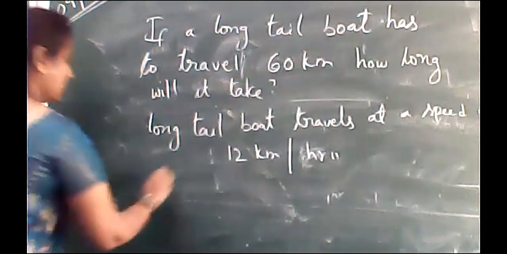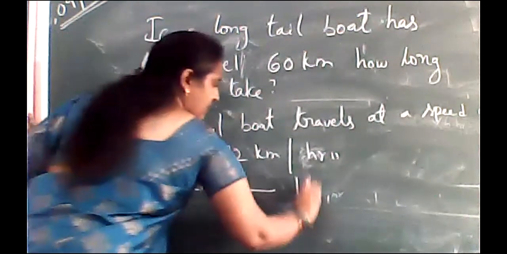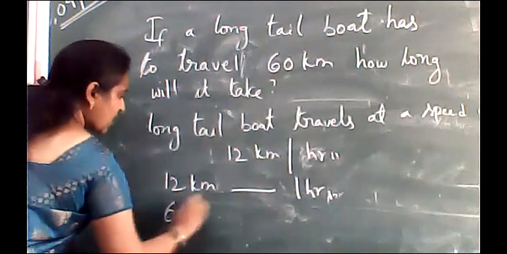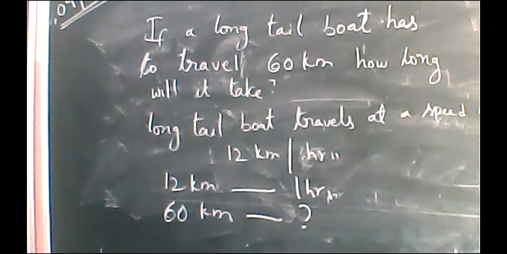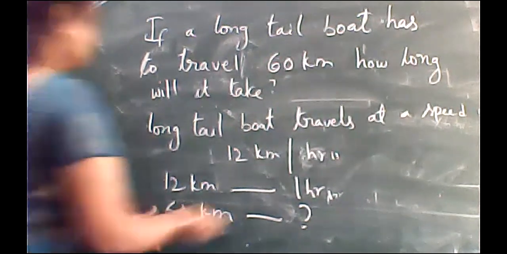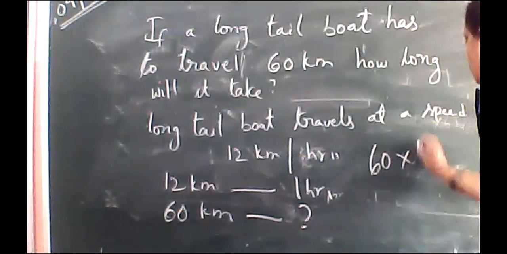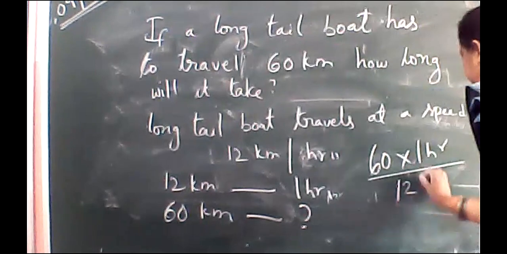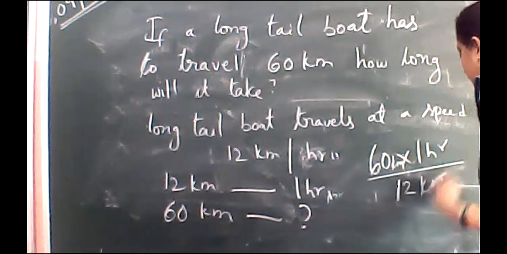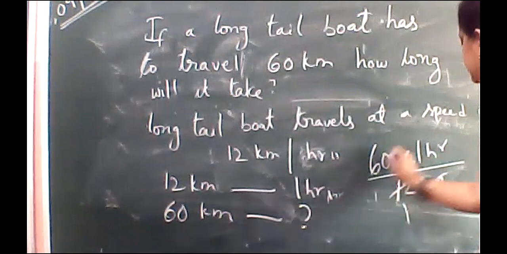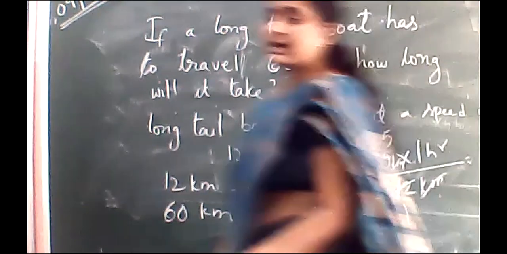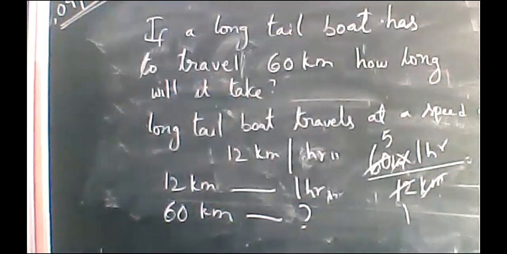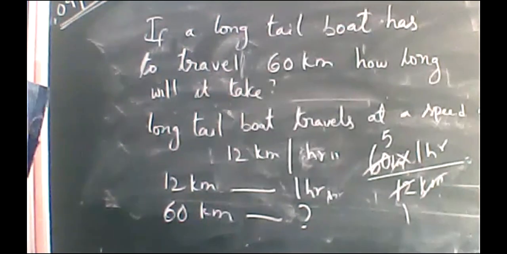So 12 kilometers it is traveling in 1 hour. 60 kilometers, how many hours? In 5 hours, the long tail boat travels 60 kilometers.